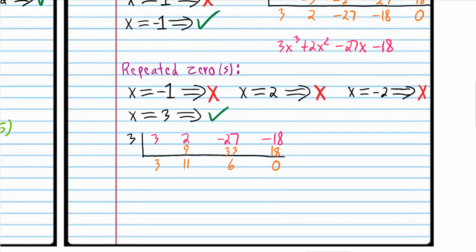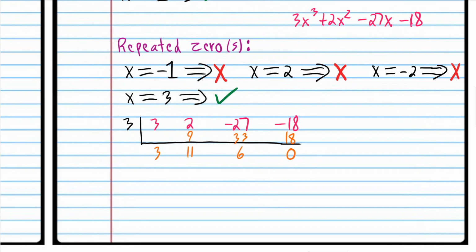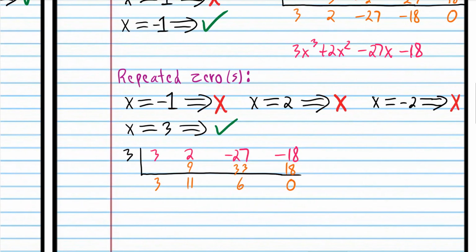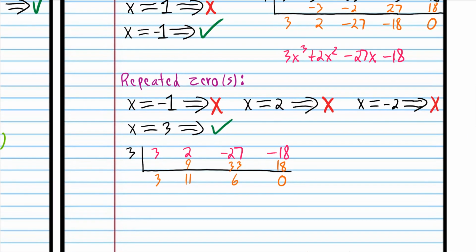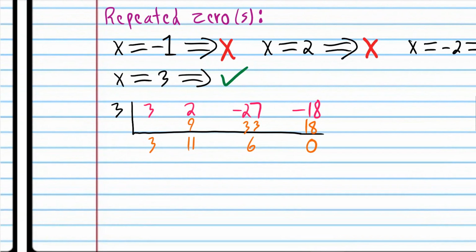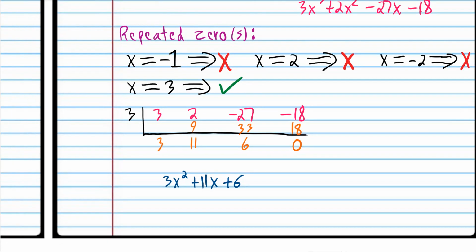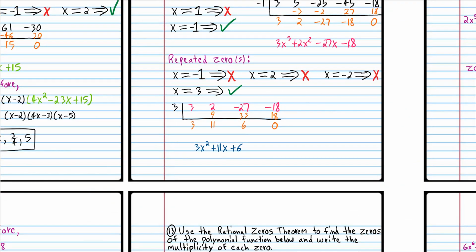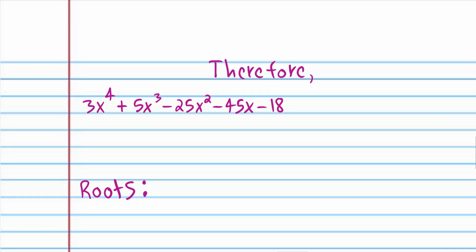So now we have a depressed polynomial. We started out with a degree 4, so now we went down to a degree 3, now we're going to a degree 2. So we have 3x squared plus 11x plus 6. Okay, so go ahead and write the new factored form of the polynomial, and when you come back, we'll do it together.